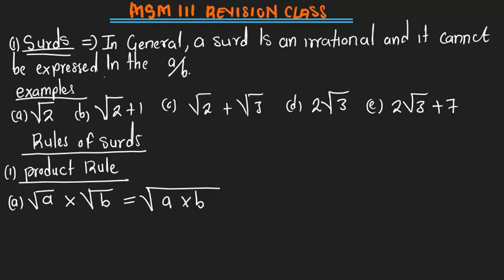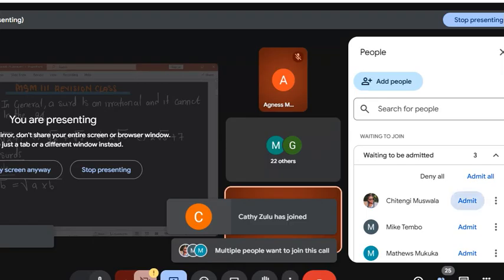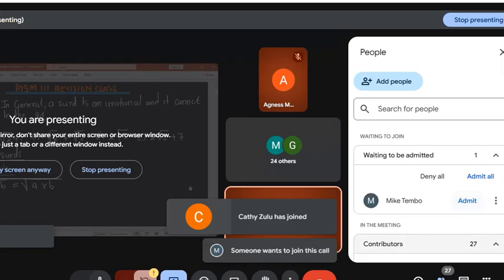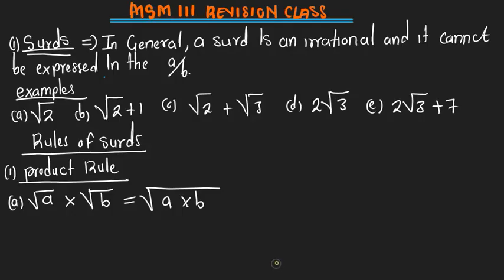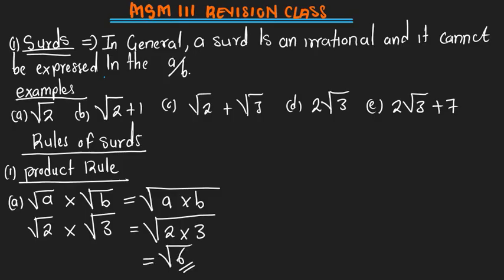So what does this mean? This means that if I have the square root of 2 and I'm multiplying it by the square root of 3, this is the same as the square root of 2 multiplied by 3, and I'm going to get root 6.